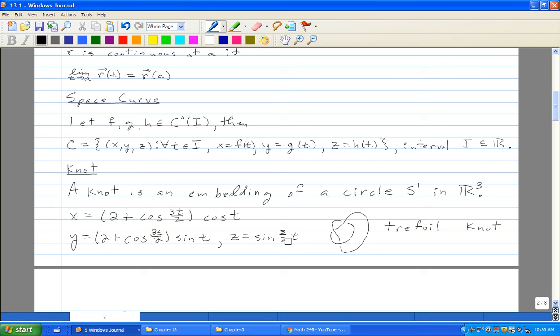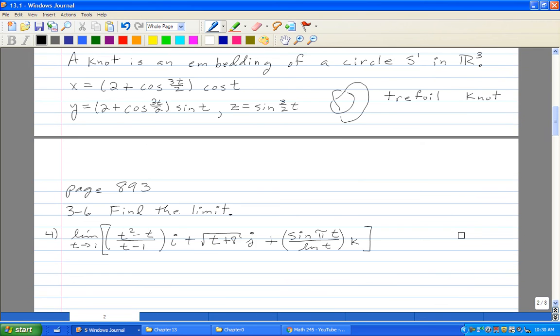And so this figure that we've drawn here is the trefoil knot. And this is how it looks from the perspective that they show you in the book.